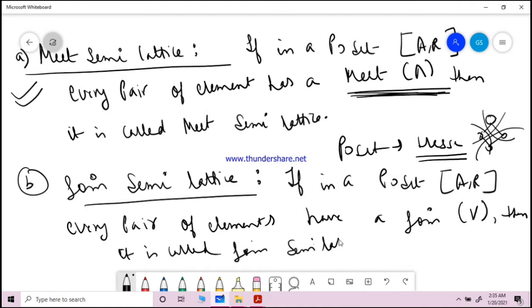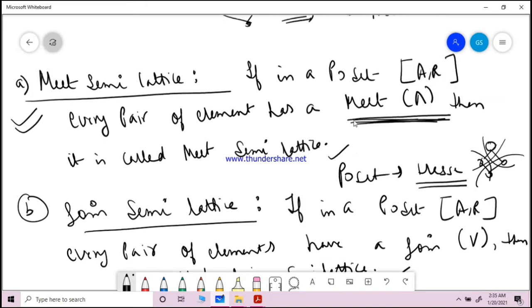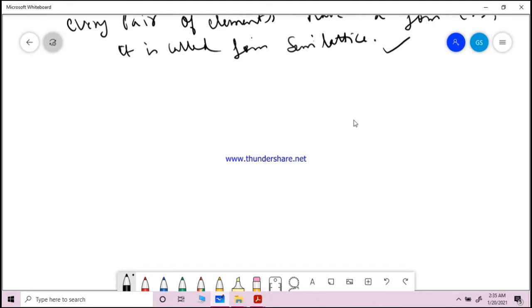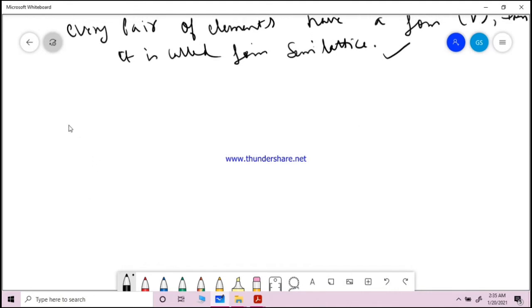This is simply the definition, I'll be telling you one example. Suppose we have this example in which I have a Hasse diagram like this.